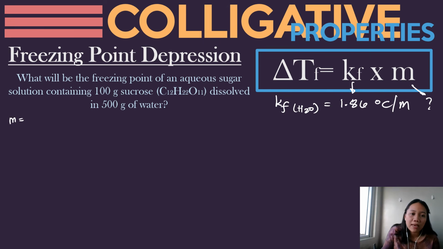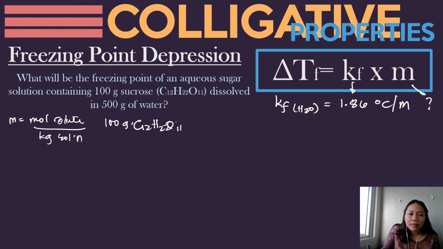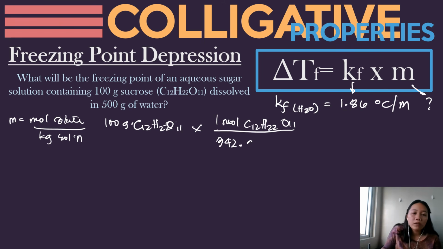So let's solve for your molality. Molality m is equal to the mole of your solute over the kilogram of your solvent. Of course, we need the mole of your solute, so it's just the same. 100 grams of C12H22O11 times, for every 1 mole of C12H22O11, you have 342.297 grams of C12H22O11.